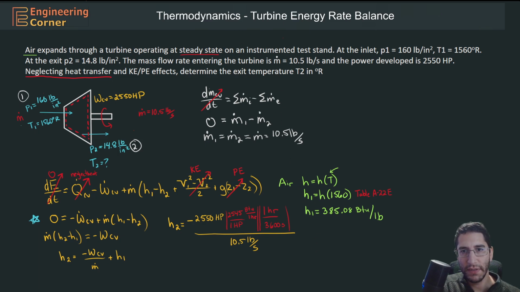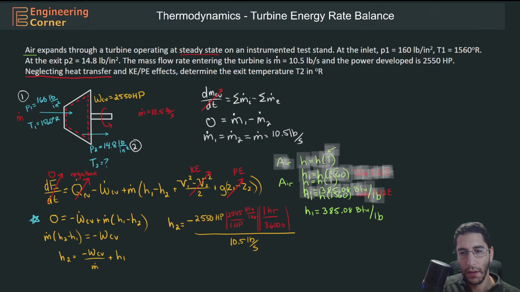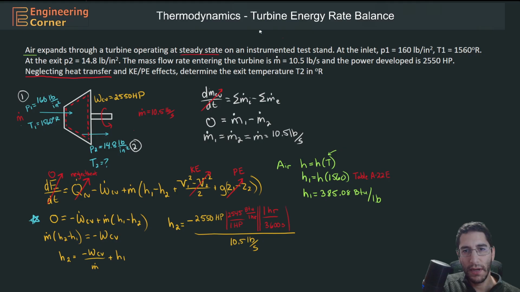And then we just need to add in our enthalpy. So let's give myself, again, just a little bit more room, and add in this 385.08 BTU per pound.